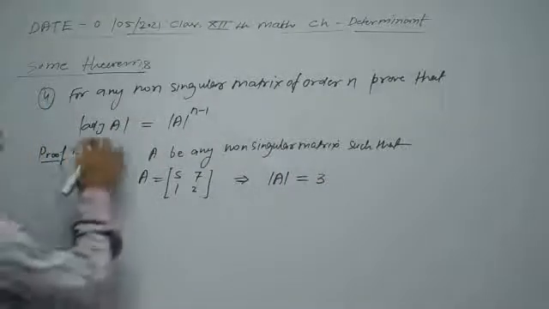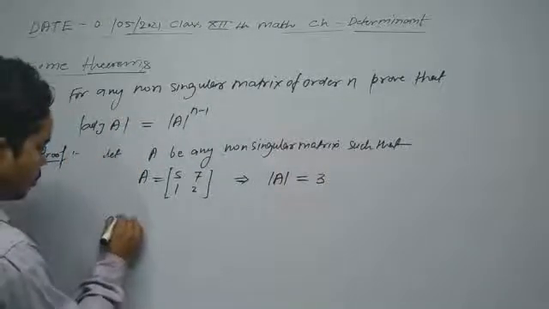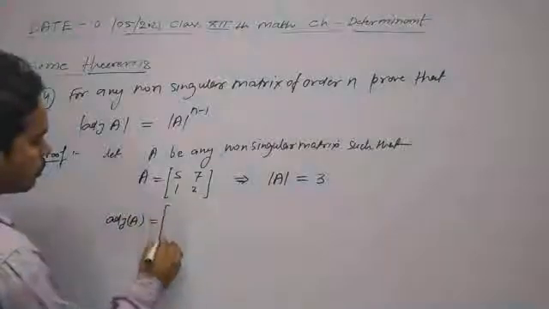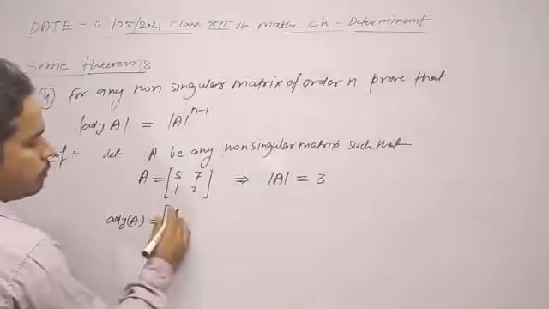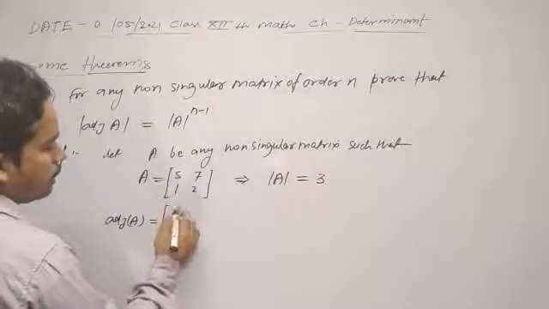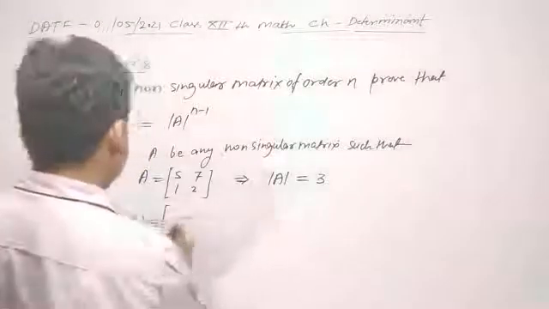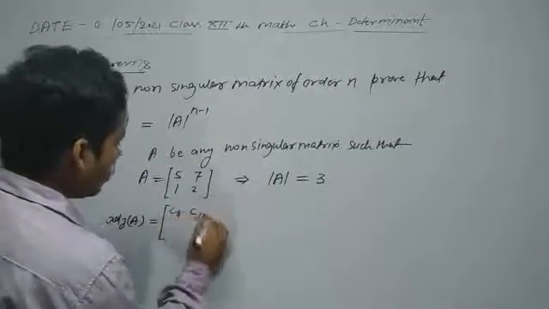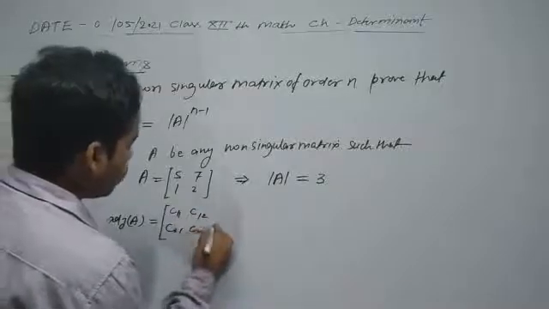And adjoint of A. We need the cofactors C11, C12, C21, C22.